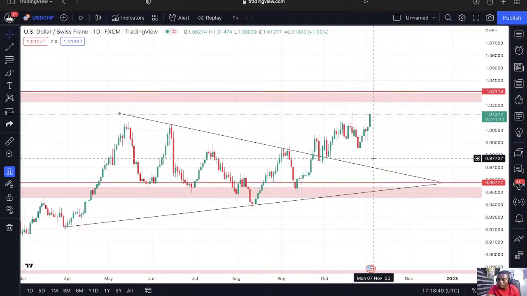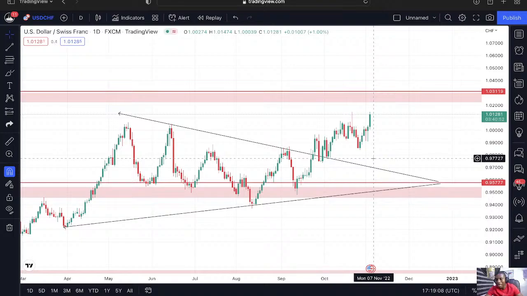You get to know your style of trading. If your style of trading is more of a swing trader, then you would be focused more on the higher time frames.